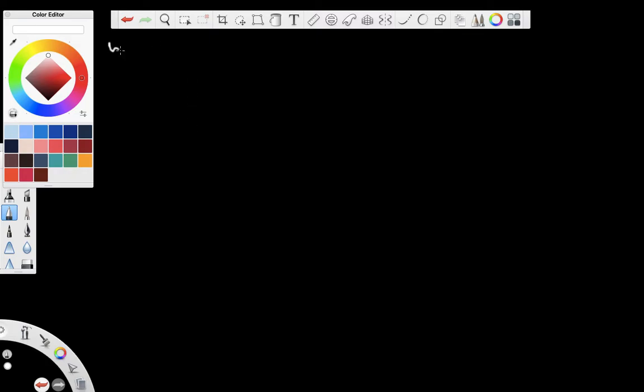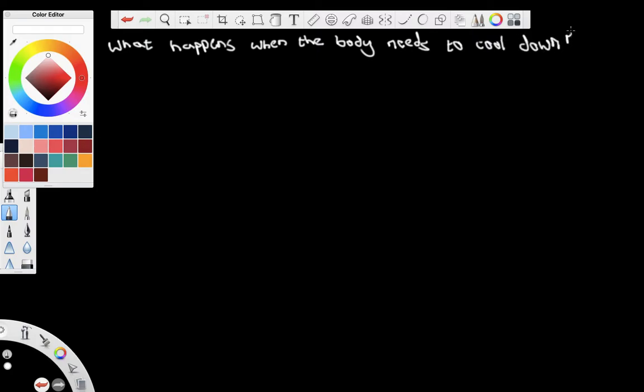So let's put the subheading, what happens when the body needs to cool down? Question mark. So what happens when the body needs to cool down?